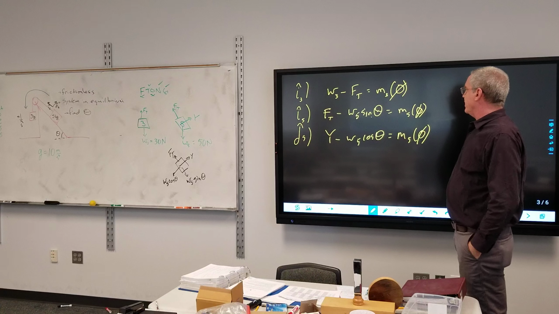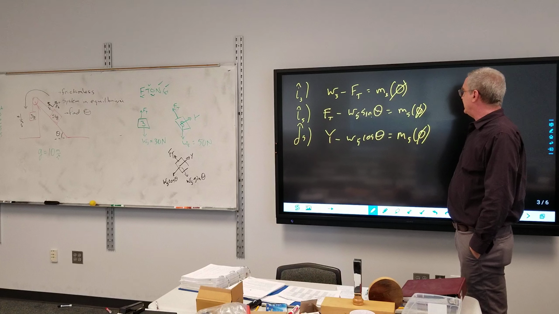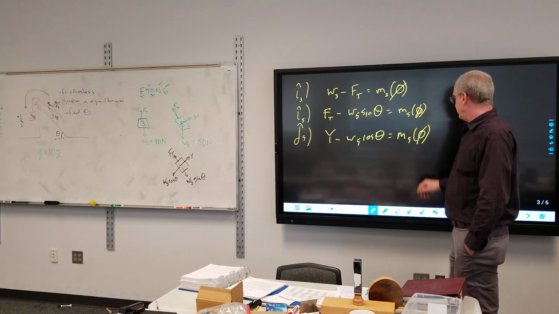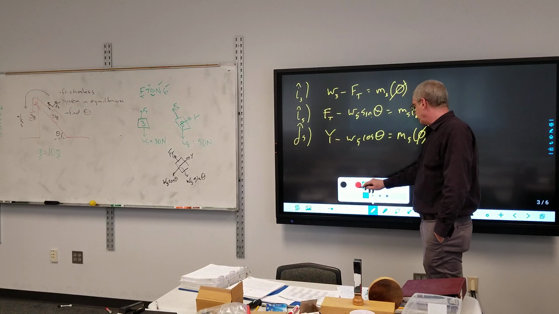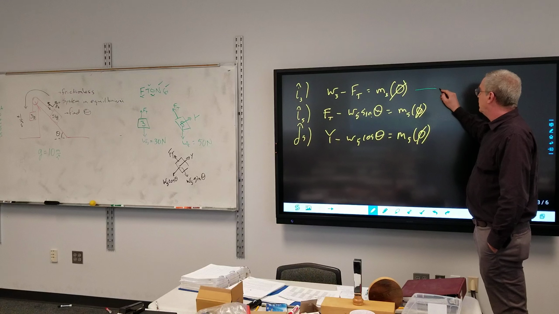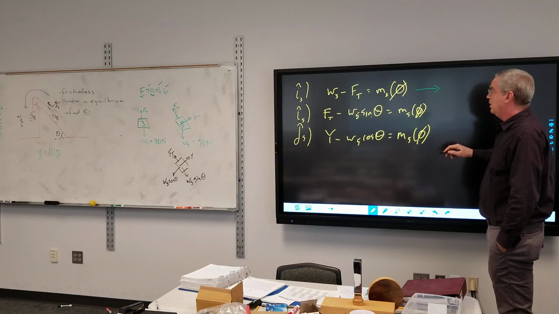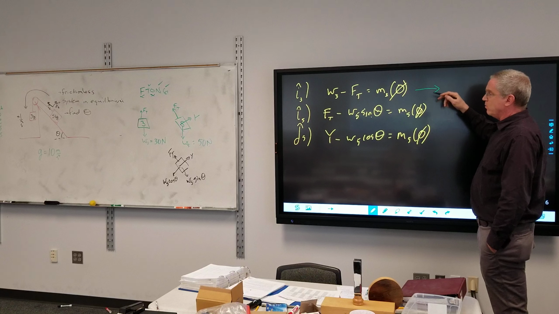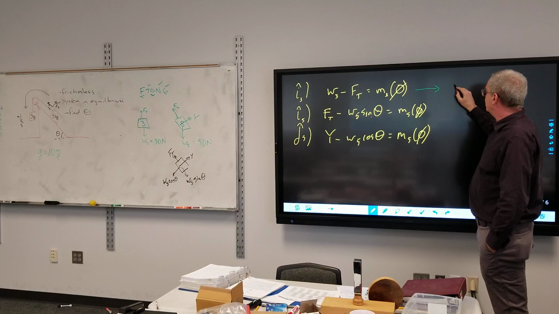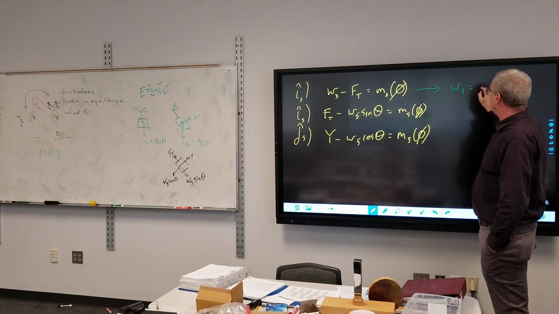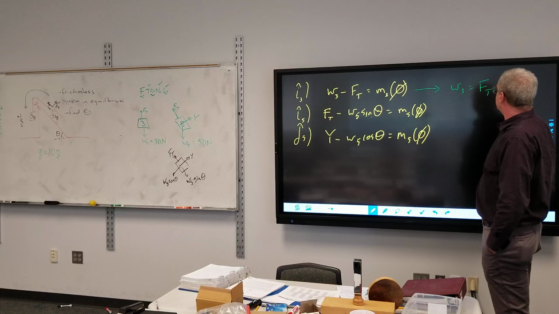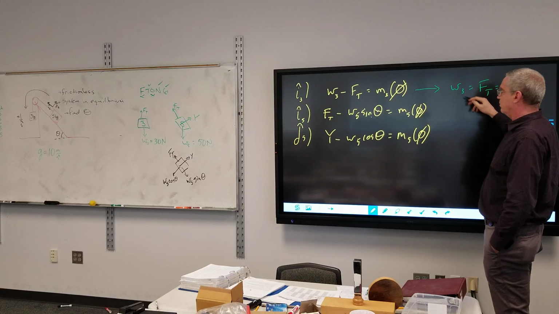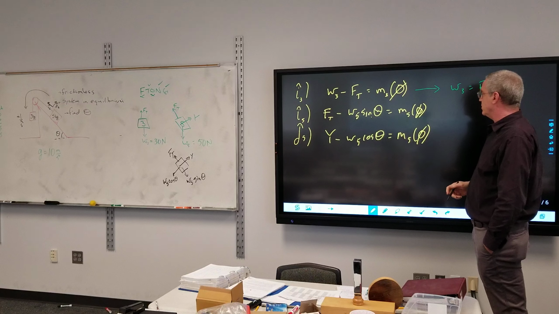All right, we're trying to find the angle. Well, we've got enough information here. I know what W3 is. So we end up with W3 is equal to the tension. Weight 3 is 30 newtons, therefore the tension is 30 newtons.